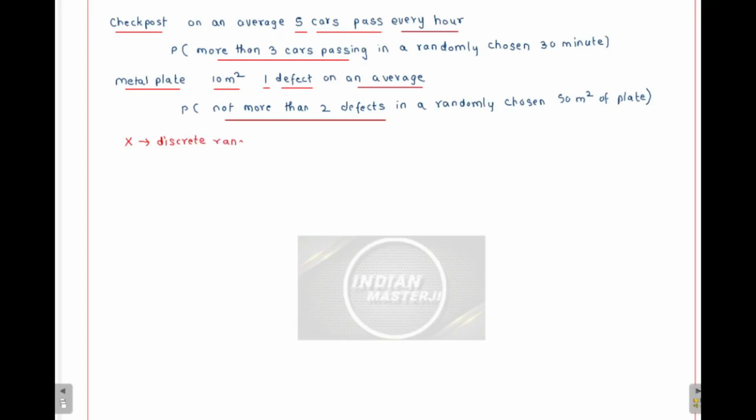So x is a discrete random variable which represents the number of occurrences of a certain event in a given interval of time or space.